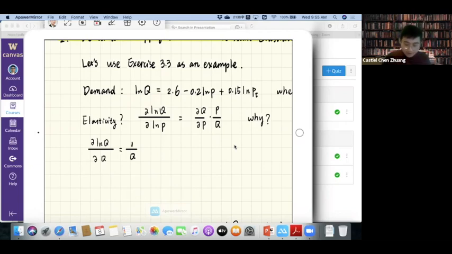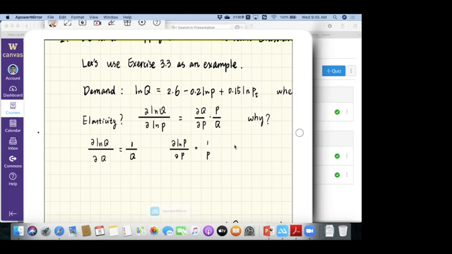All right, so let me move on. So similarly, the partial derivative of log p with respect to p is equal to 1 over p.